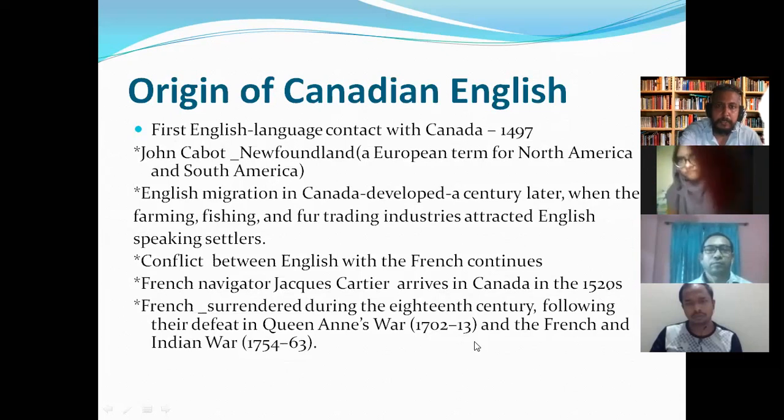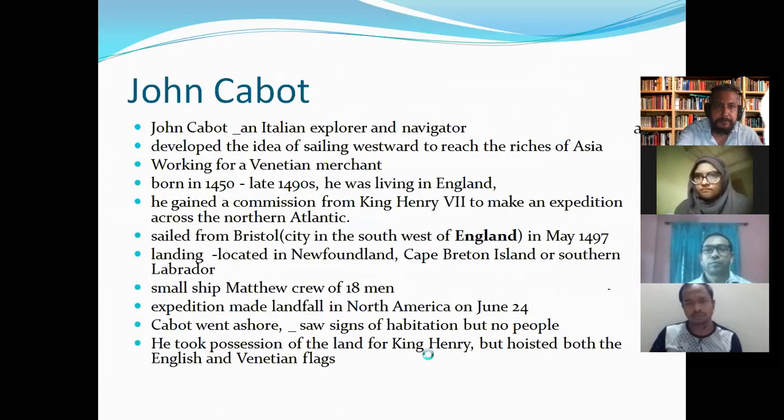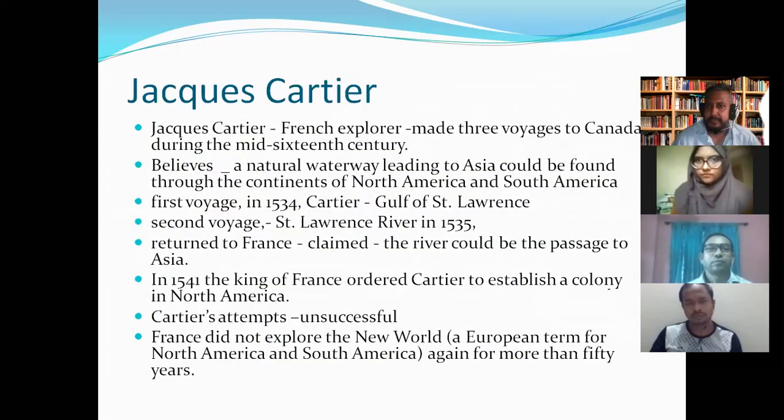We can have a look at Jacques Cartier. This man is a French explorer and made 3 voyages to Canada during the mid 16th century, the first in 1534 and the second in 1535, and he returned to France and claimed that a river could be a passage to Asia.